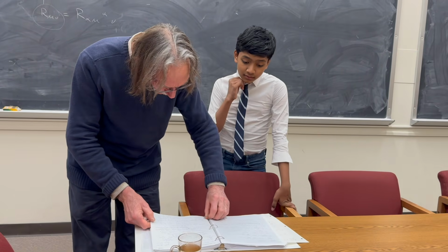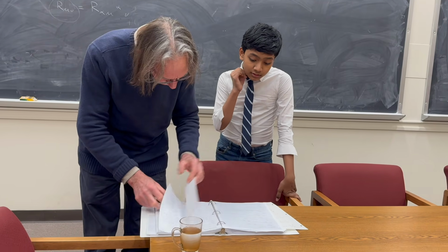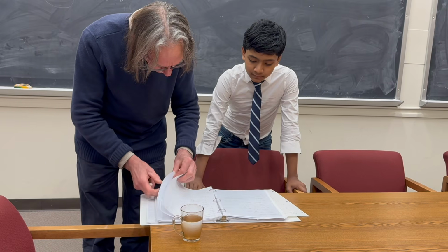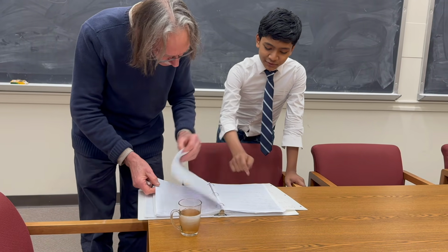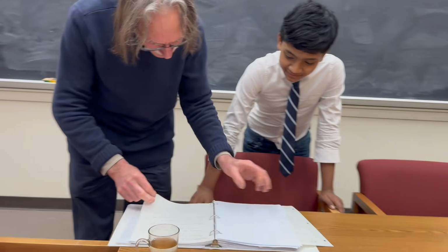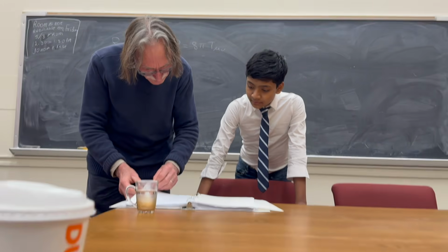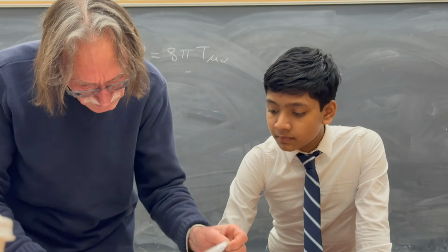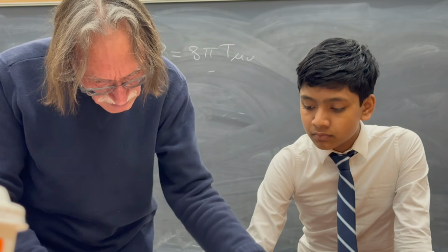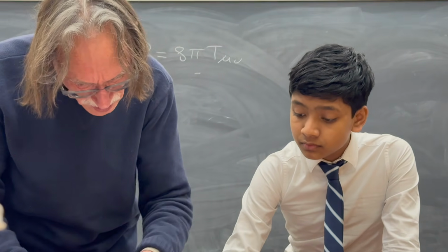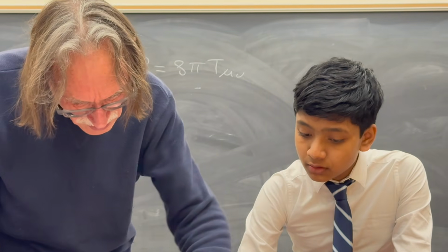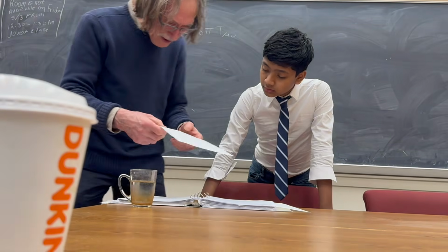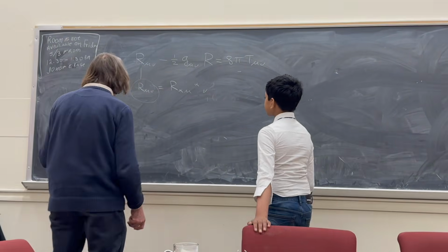So here I have the Riemann tensor, but I want to have the Ricci tensor. Oh, there's some LaTeX over here? Yeah, that's because I didn't have it here. I have one. Okay, so it's always hard to find. So we can have the Ricci tensor, or the Riemann tensor.